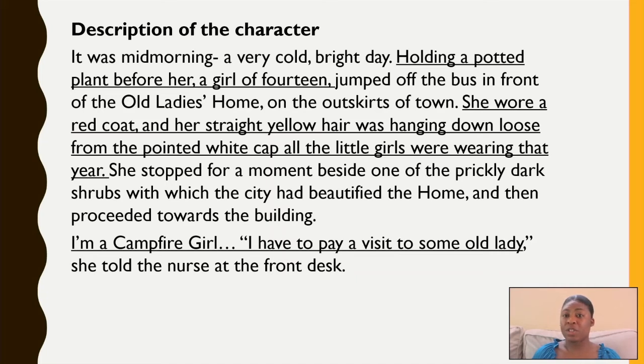We can imagine this girl to be a teenager. She wore a red coat and her straight yellow hair was hanging down loose from the pointed white cap all the little girls were wearing that year. We create a picture in our mind's eye as we see how greatly the author is describing the girl here.